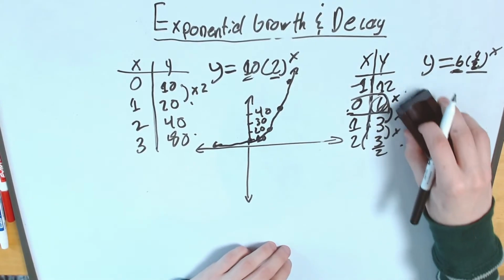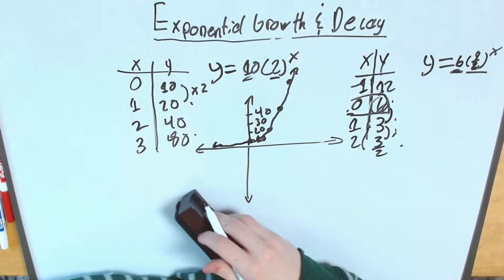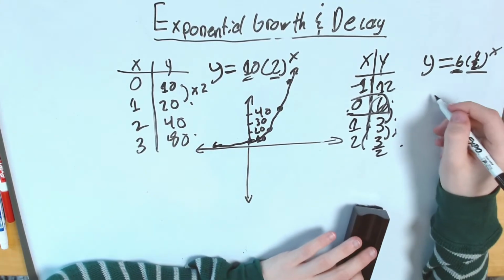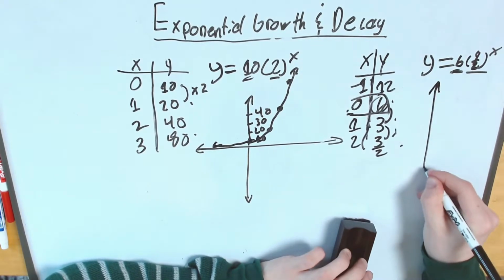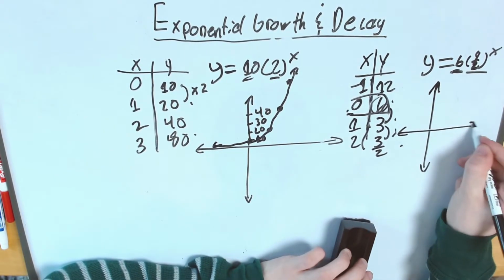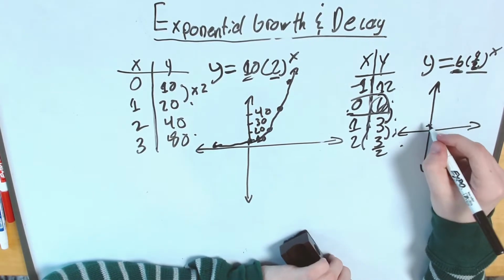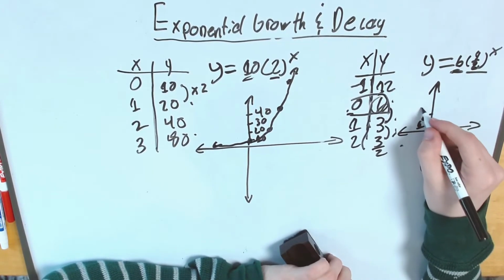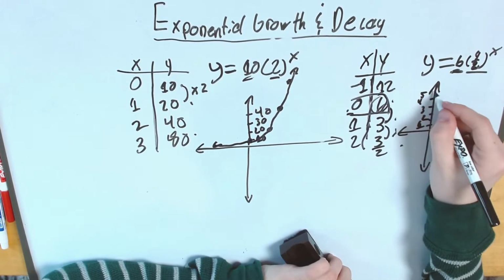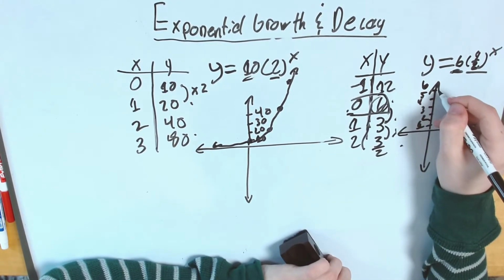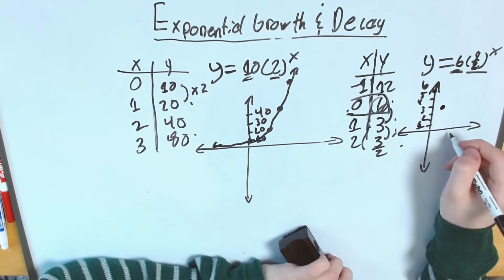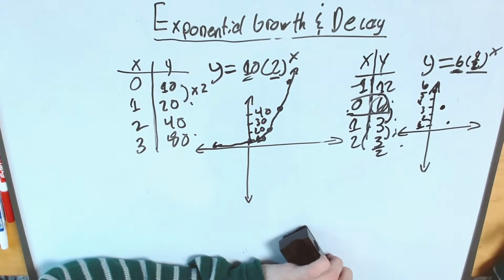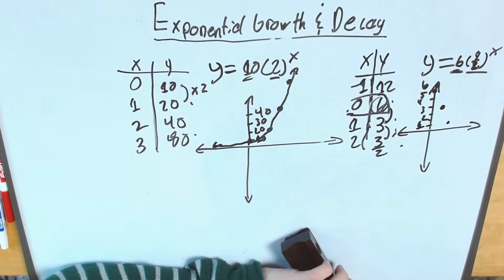What does this look like? Well, I'm going to do it on a separate graph just so it's easier. Right, I'm at 6 here, then I go to 1, and I'm at 3. Then I go to 2, I'm at 3/2. So it looks like a pretty severe decrease.